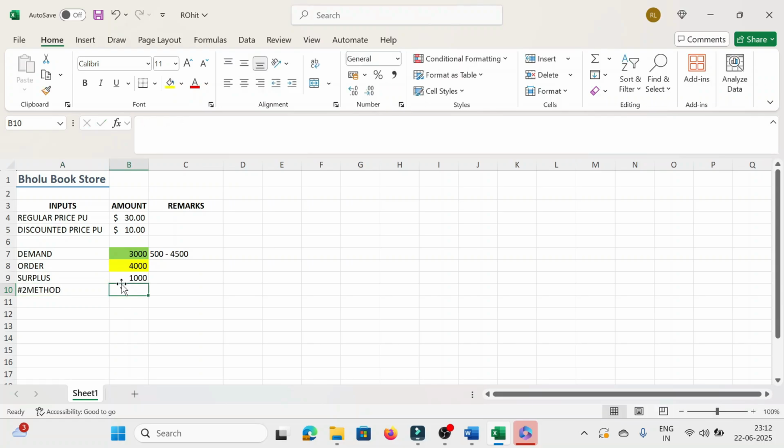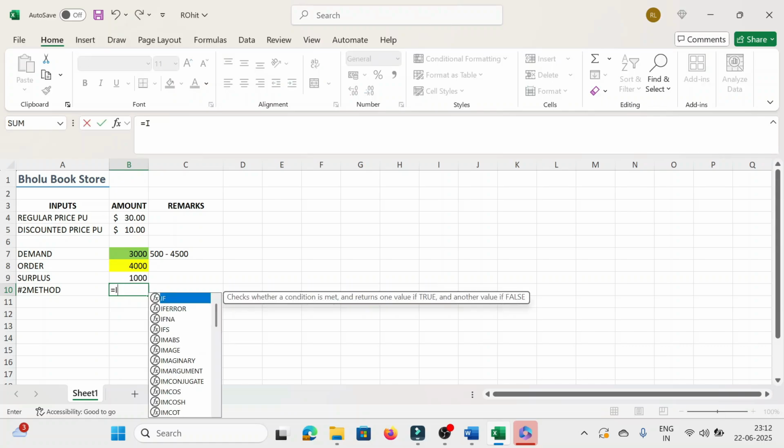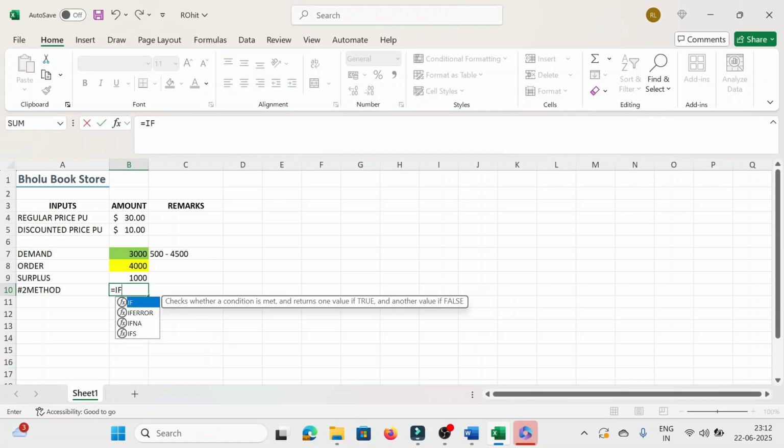There is one more way to solve this surplus problem, by using the IF formula. So let's make this again. I open parenthesis: if order copy is greater than demand copy, give order minus demand, or I have just made a mistake.